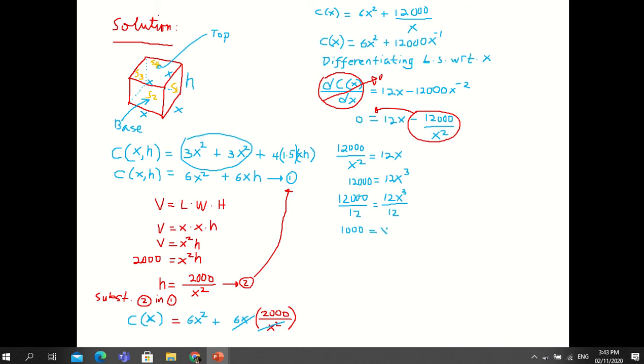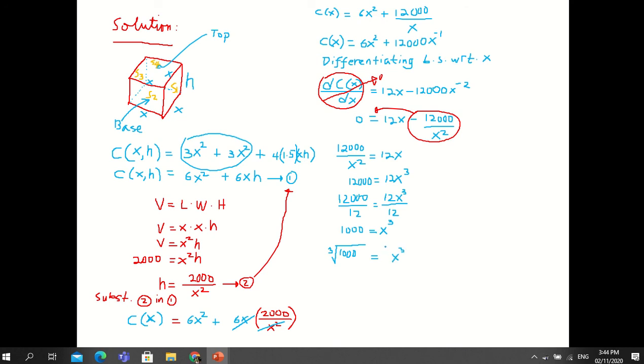Okay, now solving for x. So how will you solve for x? To solve for x, we have to take the cube root on both sides. So we have 1000. Taking the cube root of it, cube root of 1000 equal to, we have x cubed, then take the cube root of this.